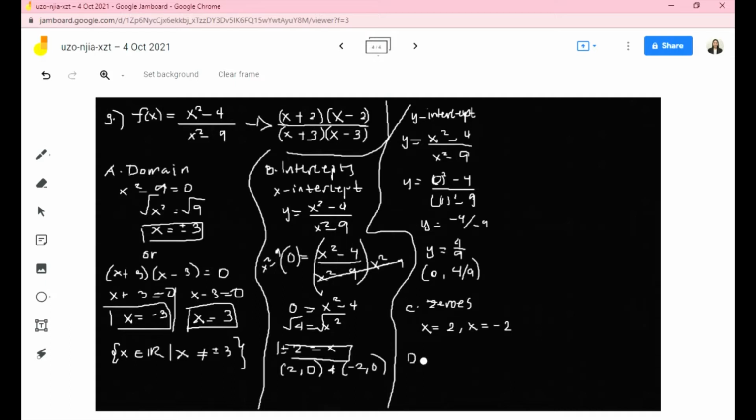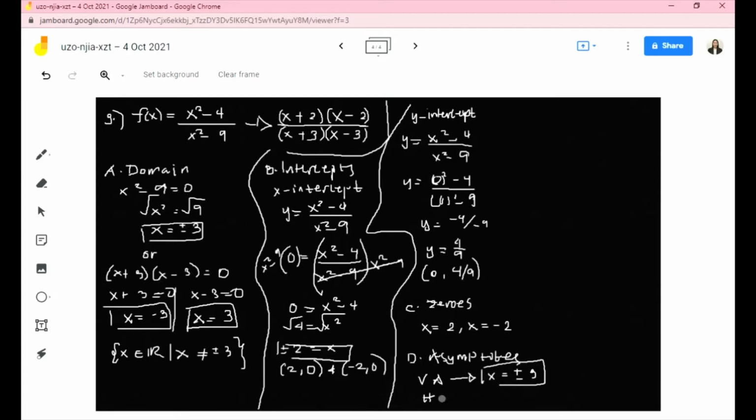We'll have the asymptotes. Starting with the vertical asymptote, we have to check if there is a common factor in our function. There is none, so we can directly copy the restricted values of x. That is x equals positive and negative 3.